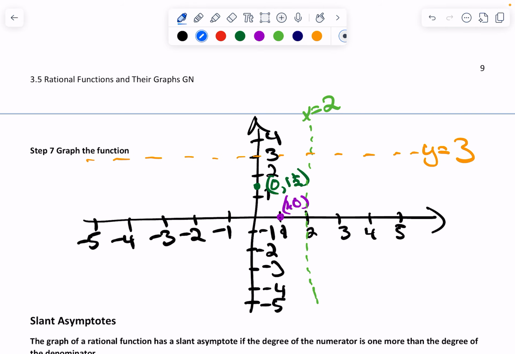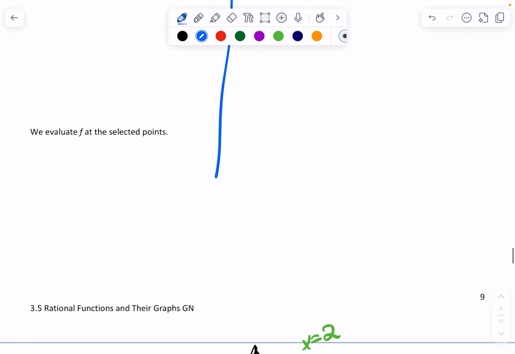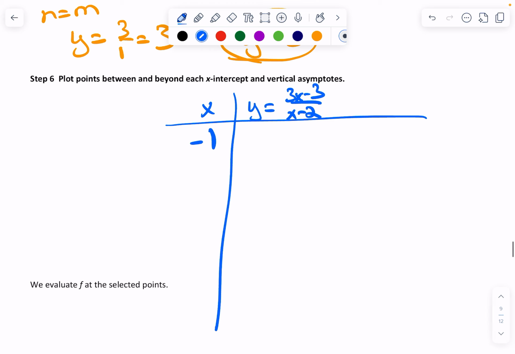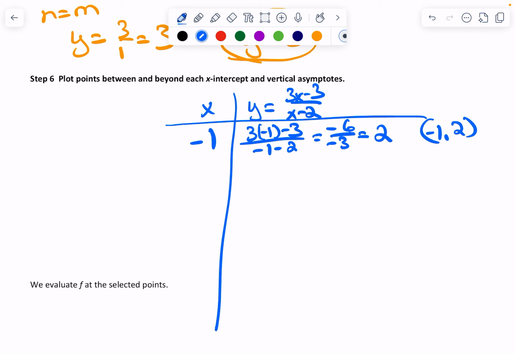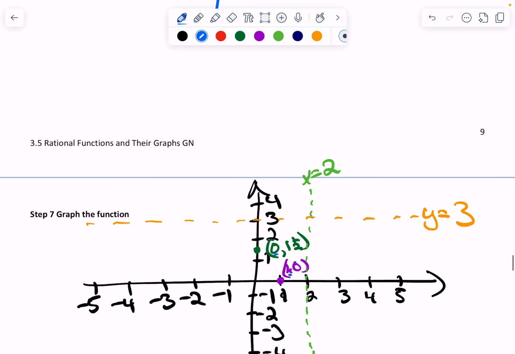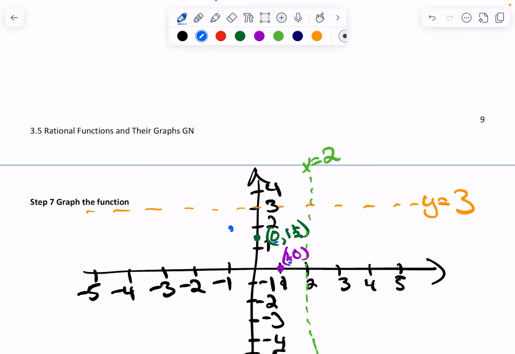This is a 0, this is a 1, and then the asymptote is x equals 2, so I would go to the next point to the left, -1, and see what our y is going to be. 3 times -1 minus 3 divided by -1 minus 2. So -6 divided by -3 is a 2. So our next point is -1 and 2, right here.